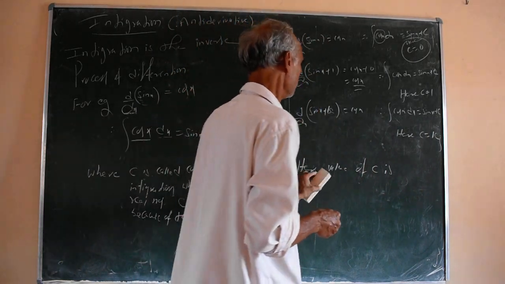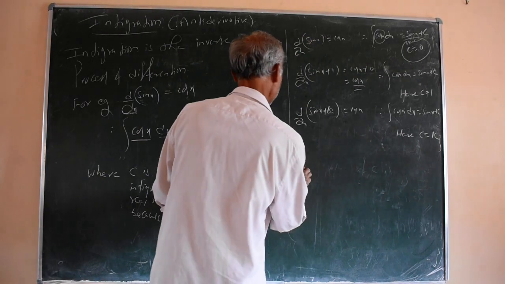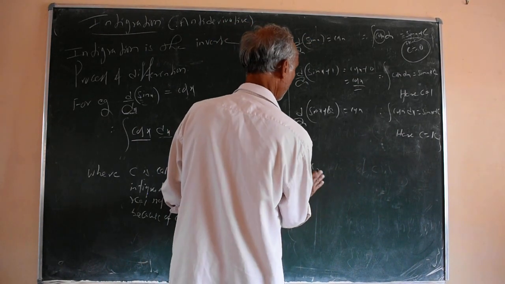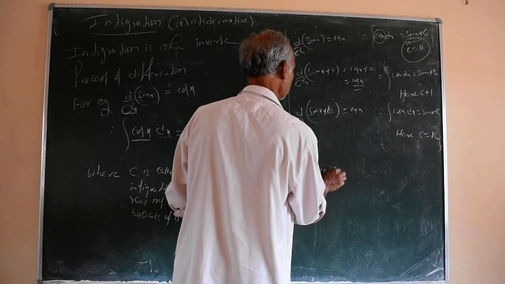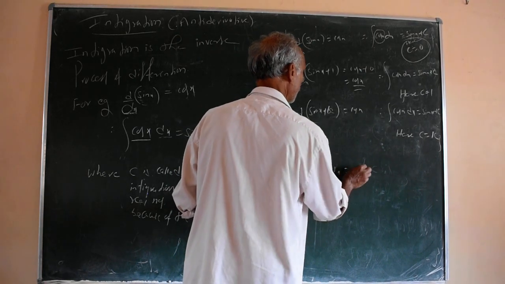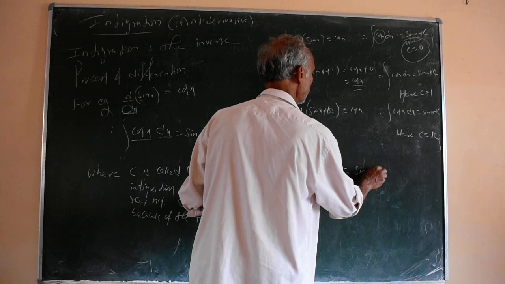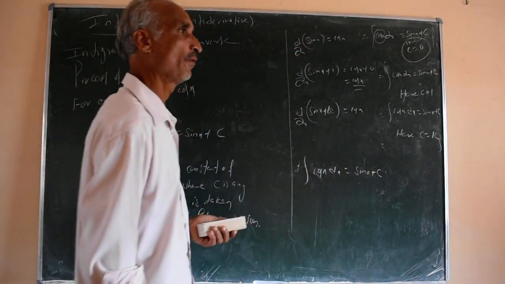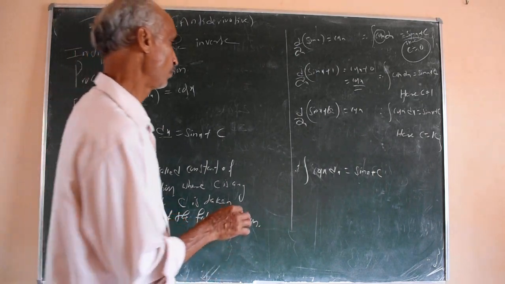Therefore, the integration of cos x dx is sin x plus c, where the value of c is unknown.